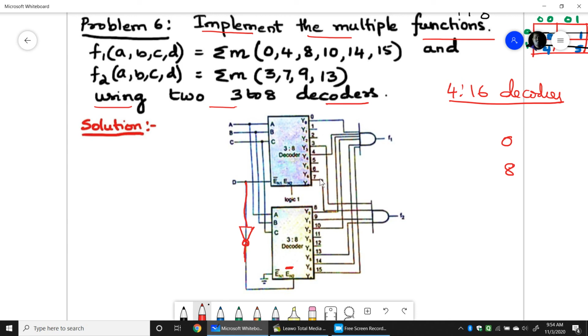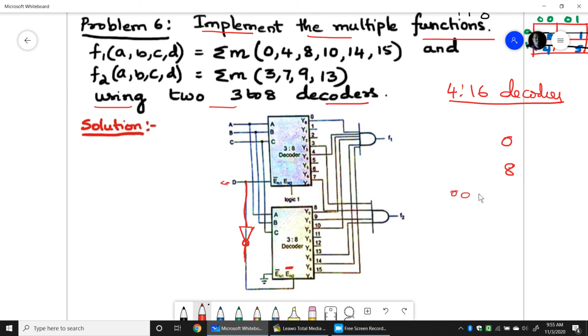Anyway, all active high outputs are considered here, because they have not mentioned 74138. Therefore, I have taken all active high outputs, and I have used an AND gate instead of a NAND gate. An AND gate will give 1 directly, or you can also use an OR gate here.